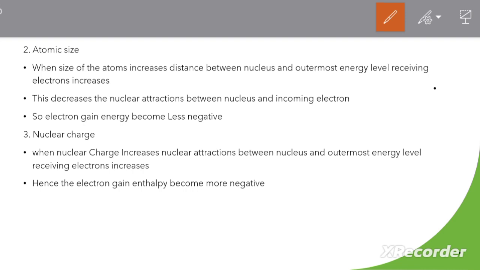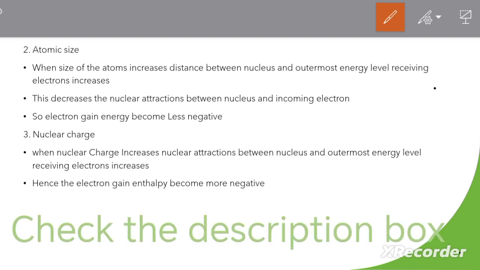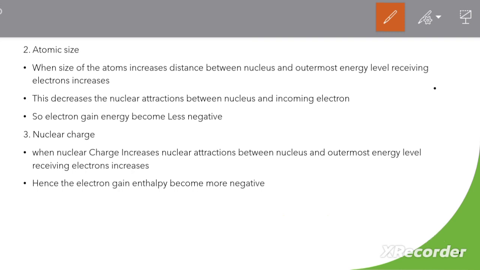So when nuclear attractions increase, it is easy for the atom to get electrons. So the electron gain energy is more negative because it willingly takes an electron. So electron enthalpy becomes more negative when nuclear charge increases.